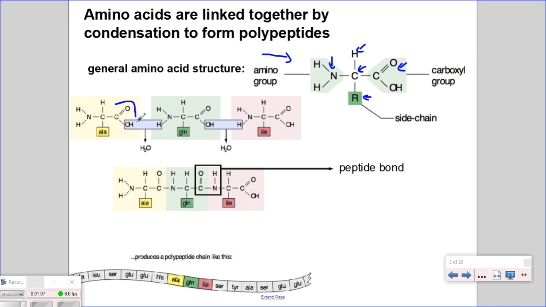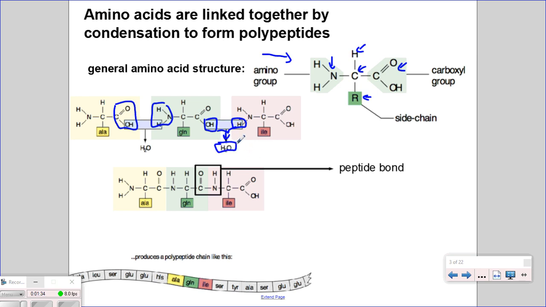So you'll have the carboxyl group joining together with the amino group to create what is called a peptide bond. In that carboxyl group, you'll have an OH group leaving, and from the amino group on the adjacent amino acid, you'll have a hydrogen leaving together. They will form water.